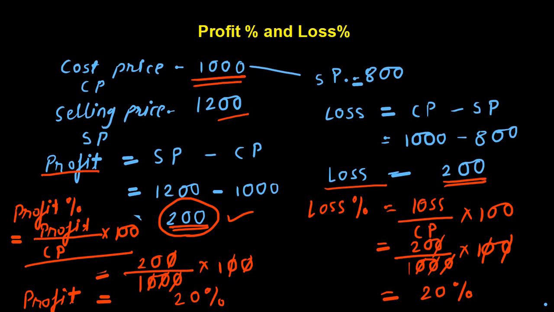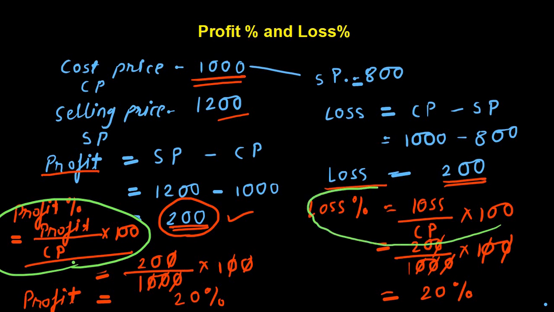And this is the formula for loss percentage. Just remember, either profit or loss upon CP times 100. CP times 100 is common, you just write profit or loss. That's how you can find profit percentage and loss percentage.